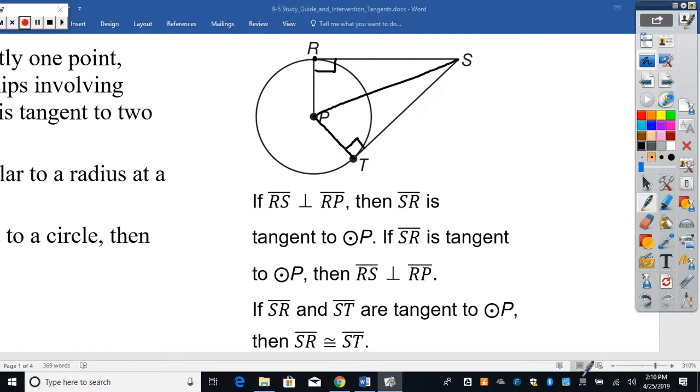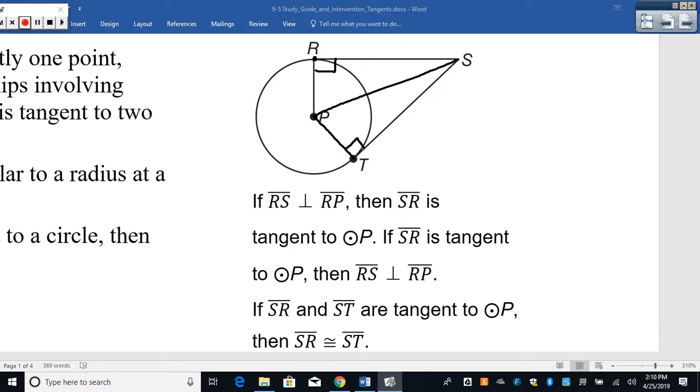As I look at this, I see that PR and PT are congruent. The radii are the same. As I rotate that radius around, it still remains the same length. I also see that PS is congruent to itself by the reflexive property. And so those two triangles are congruent to each other.